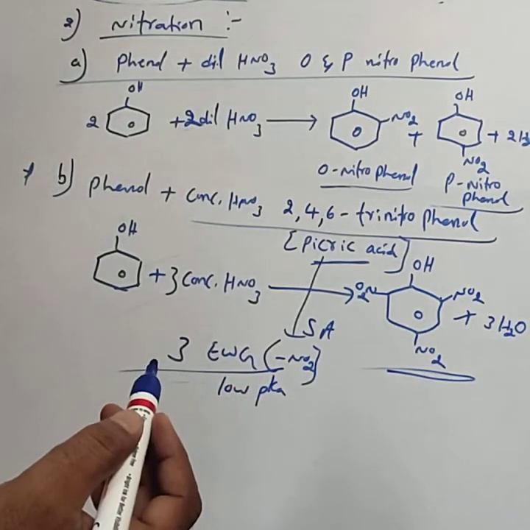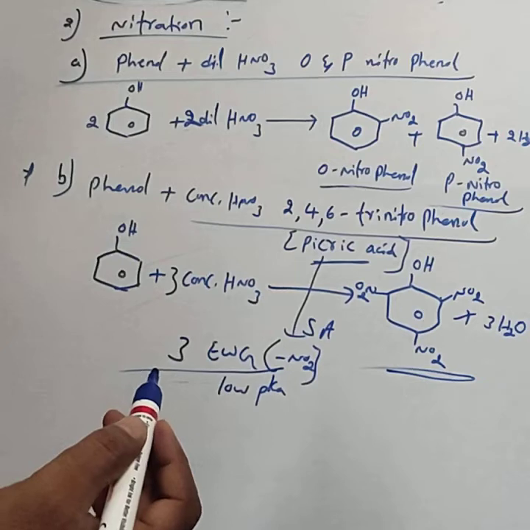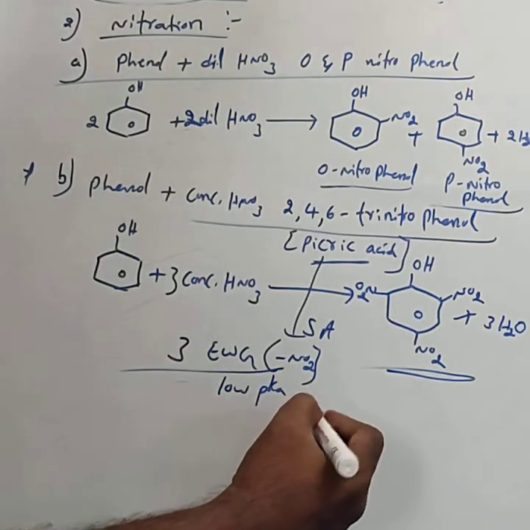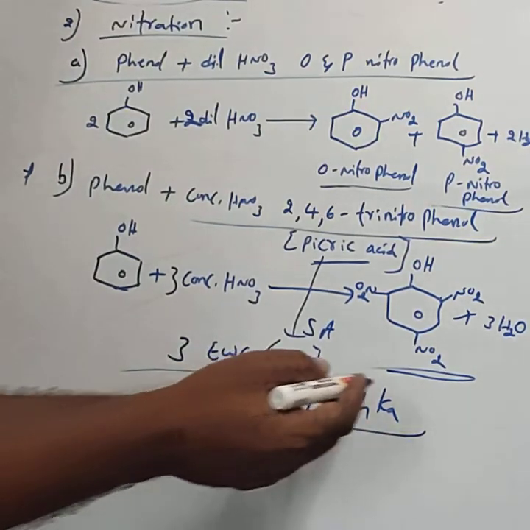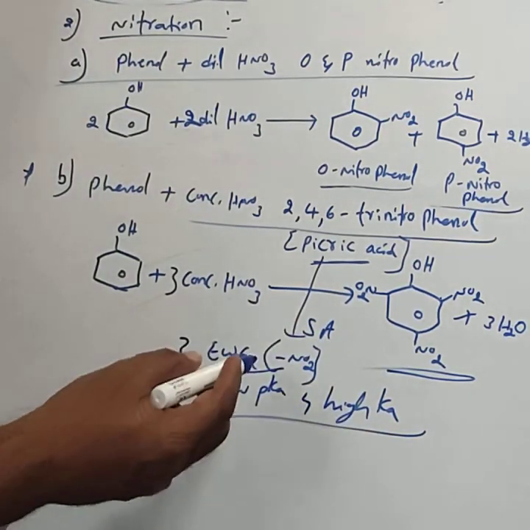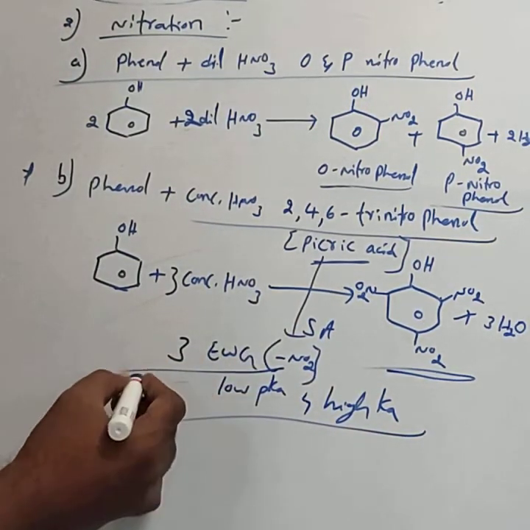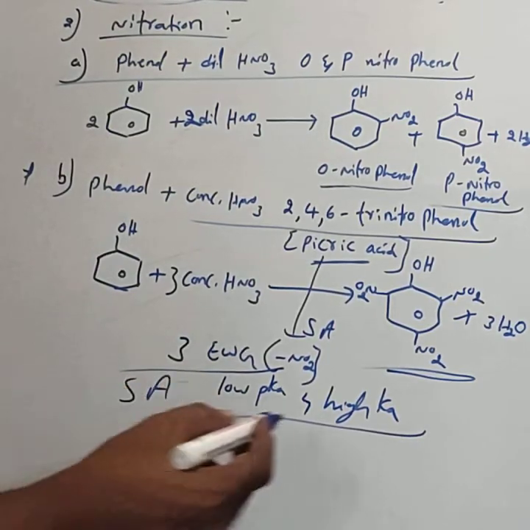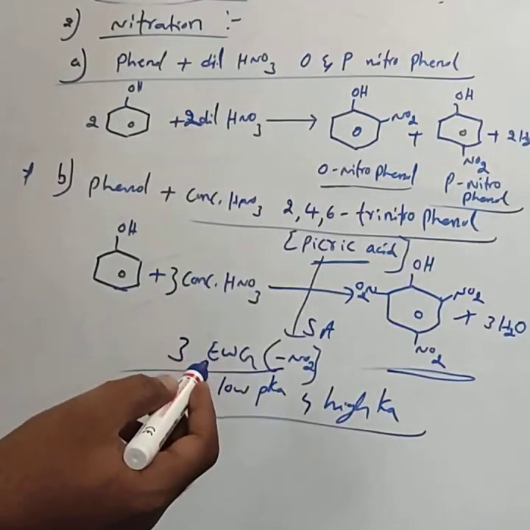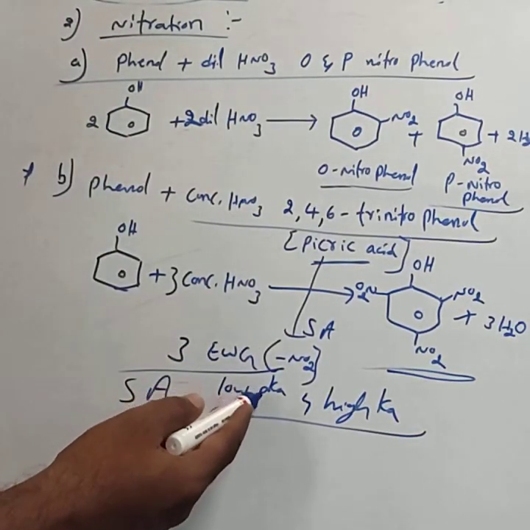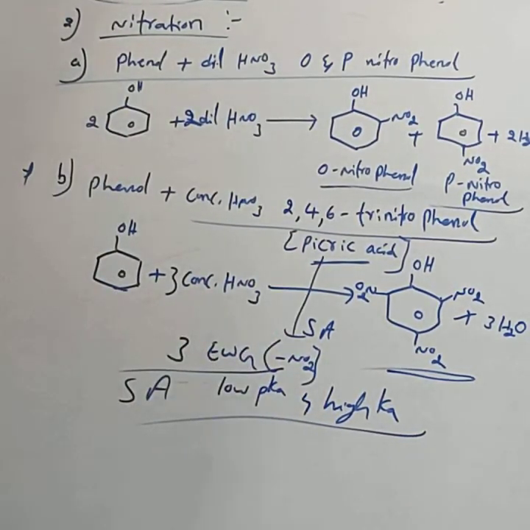If you observe the pKa value for picric acid, it has a very low pKa and very high Ka value. Already we have discussed in the last class: smaller the pKa, stronger the acid. Higher the Ka, stronger the acid. Based on that, picric acid has a very low pKa and high Ka. Next, we consider most important reactions.